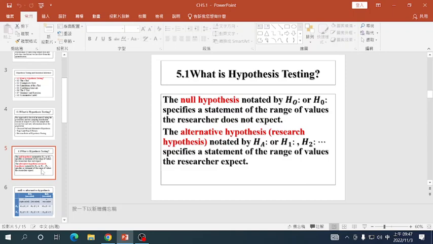Hypothesis testing is talking about the parameters, the population relationship. But how to test the population relationship is by using samples, right? Without a sample, how can I test the population? With a good sample, I can make inference from the sample to the population.